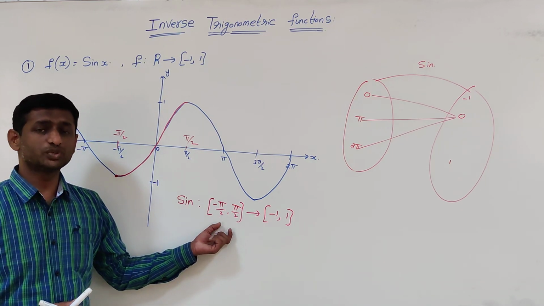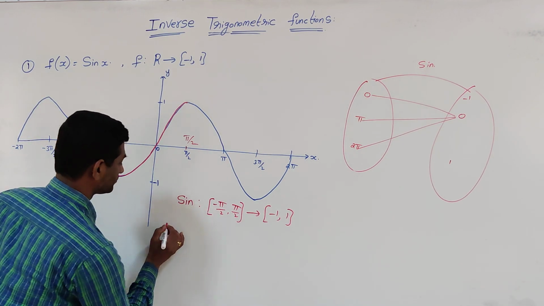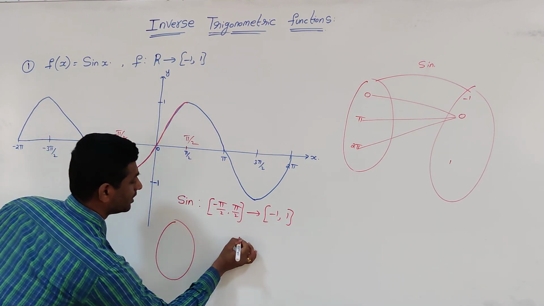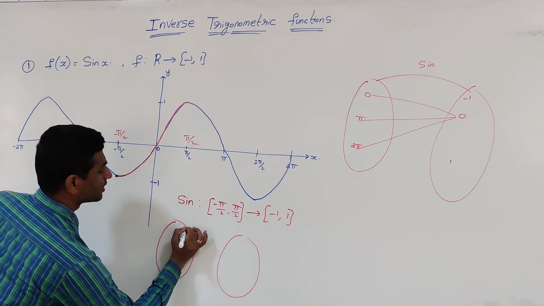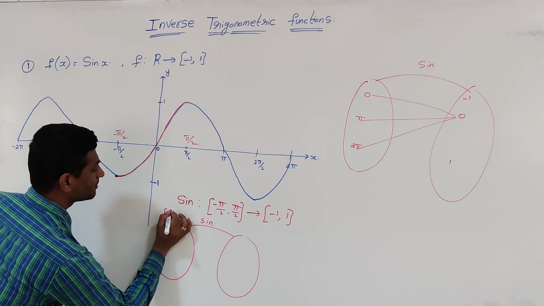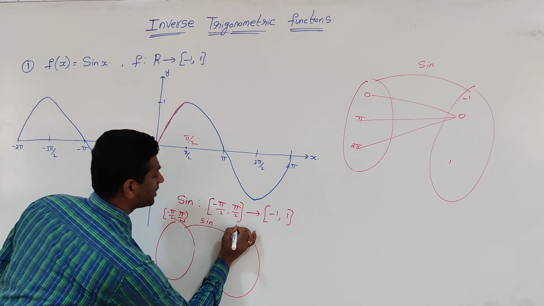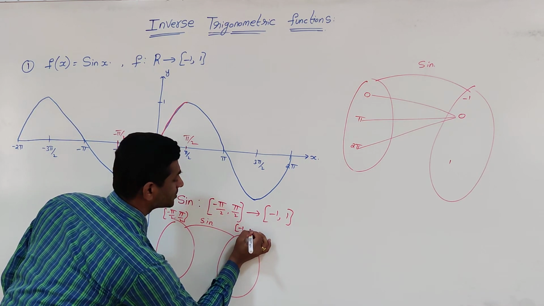If it is both 1-1 and onto, it is bijective. If this is bijective, then the inverse exists. If you go by the arrow diagram, if this is a sine function, the domain is minus pi by 2 comma pi by 2, which is an angle, and the range is -1 comma 1.